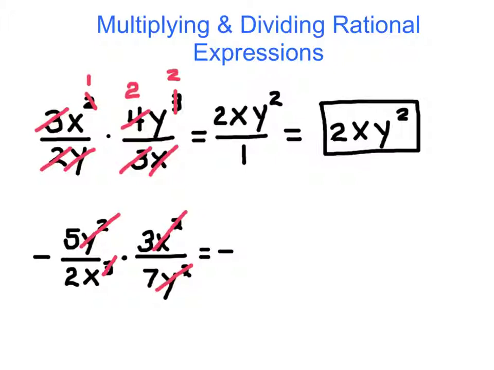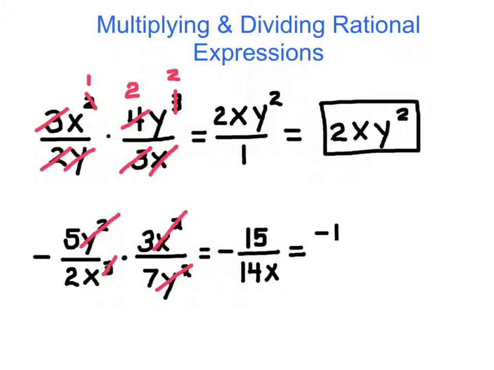So let's multiply across. 5 times 3 is 15 in our numerator. In the denominator, we have a 2, an x, and a 7. 2 times 7 is 14 times x. So this is a valid answer, but I wanted to show you there's actually more than one way to write the answer. I can have the negative sign out front.